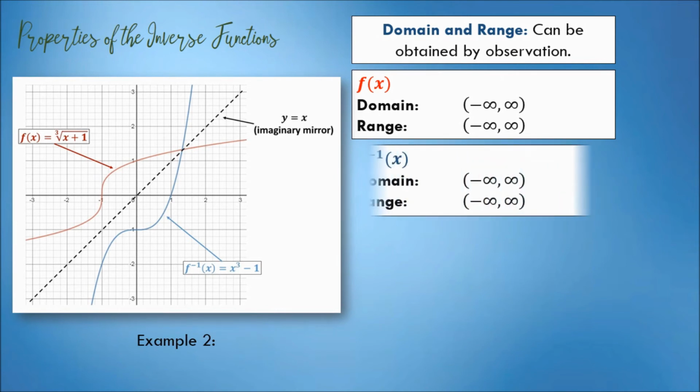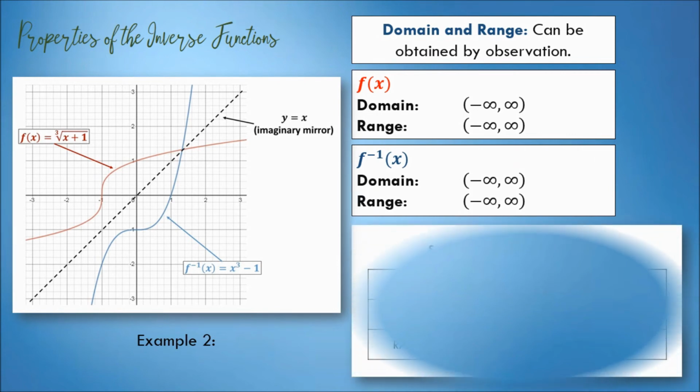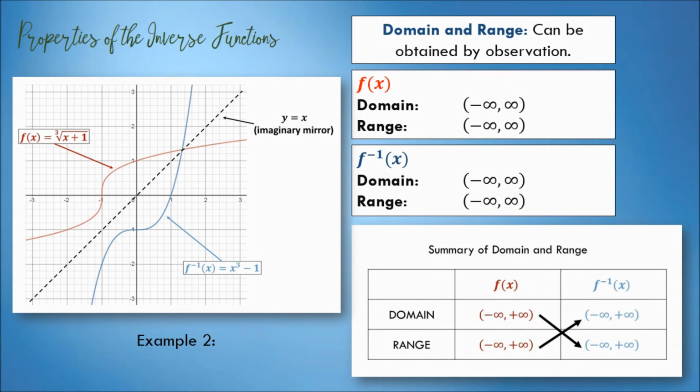For the inverse, a polynomial function, it is the same. All real numbers. The properties of inverse functions are also interchanged. The domain of f of x becomes the range of the inverse, and the range of f of x becomes the domain of the inverse.